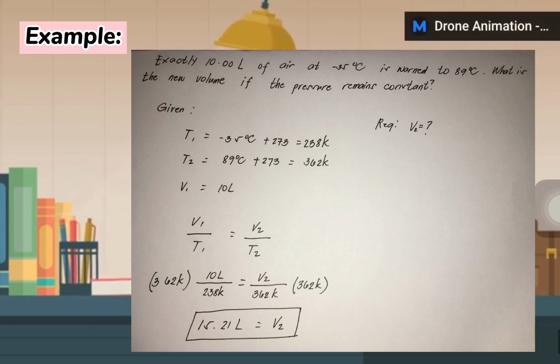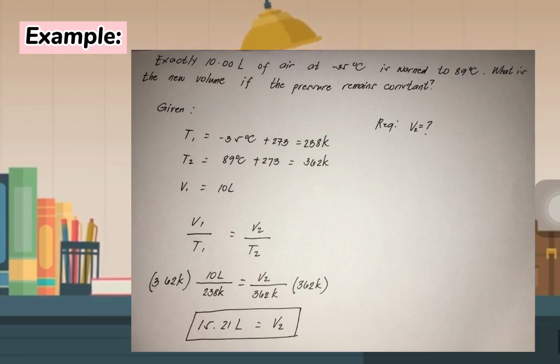So we will multiply both sides by 362 Kelvin. So cancel out, so the remaining will be volume 2. Then on the other side, we will cancel the unit only. So 362 times 10 liters divided by 238. So the answer will be 15.21 liters. That will be our volume 2.